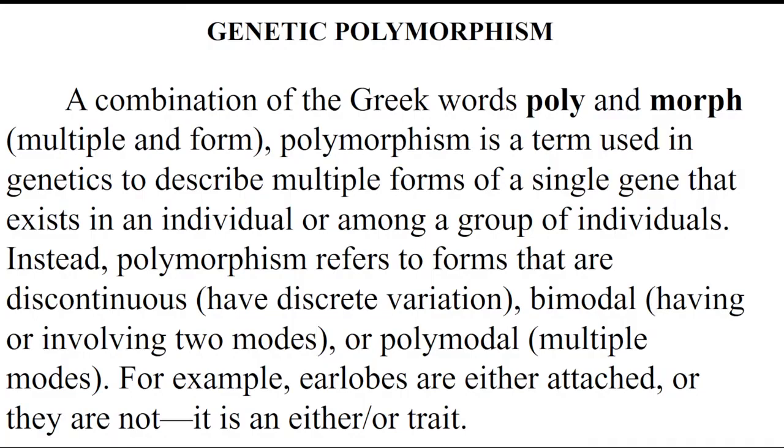Instead, polymorphism refers to forms which are discontinuous. It can be bimodal or polymodal. For example, ear lobes are either attached or not attached. So it is an either-or trait.